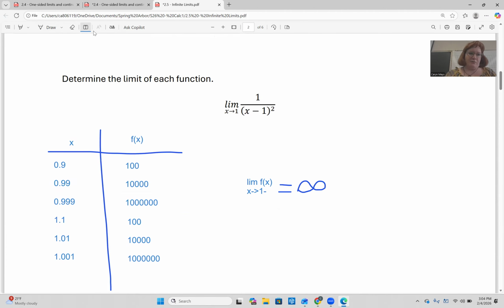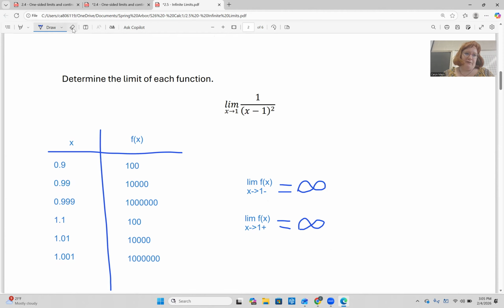Then we can talk about this side of the limit, which would be the right-hand side. So the limit of f of x as x goes to 1 from the right is also infinity. The general rule is we can talk about the limit if these match. They do match. They are still a form of being undefined, I will keep repeating, but they still match.